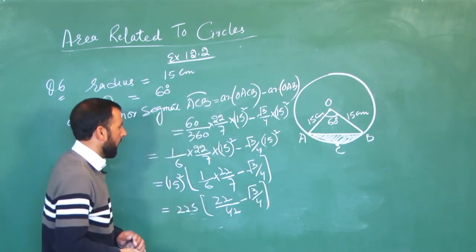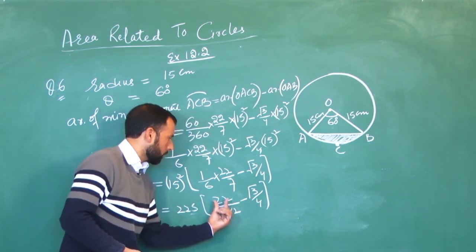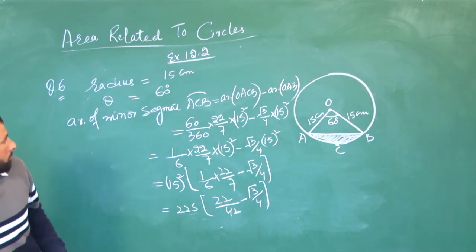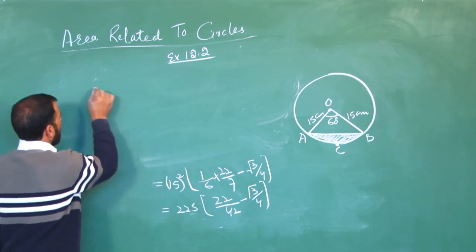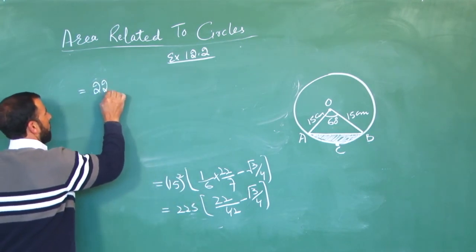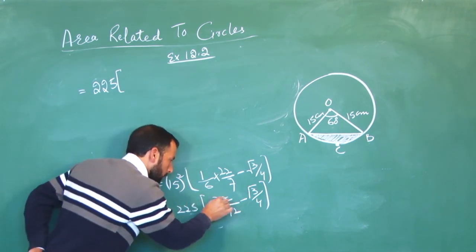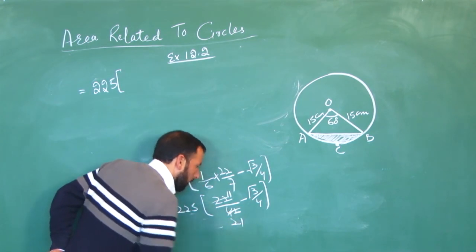So after simplifying this, we cancel out these things. So here it is 225 into, we cancel out first of all 2 11s are 22 here, then 2 21s are 42.